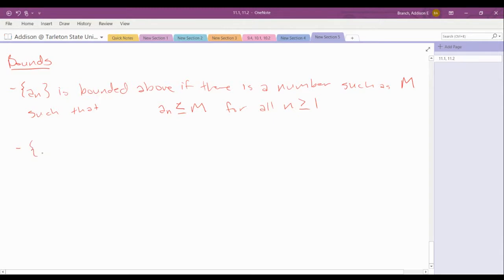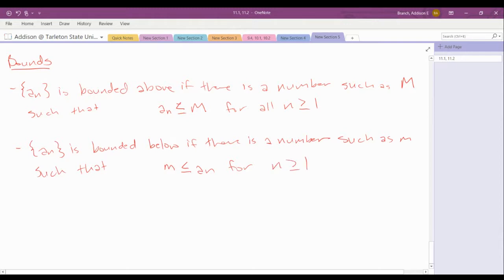Similarly, a sub n is bounded below if there is a number, like lowercase m, such that m is less than or equal to a sub n for all n greater than or equal to 1.